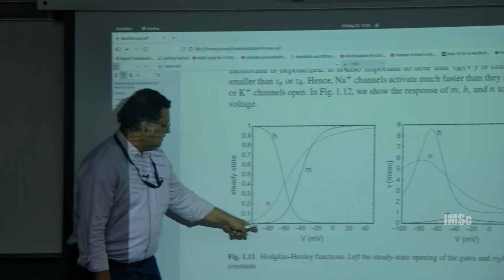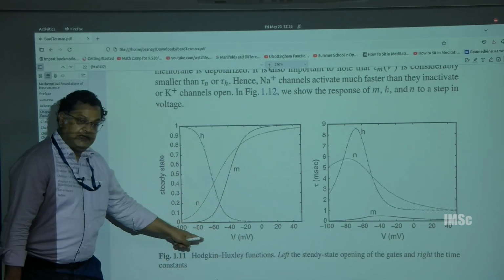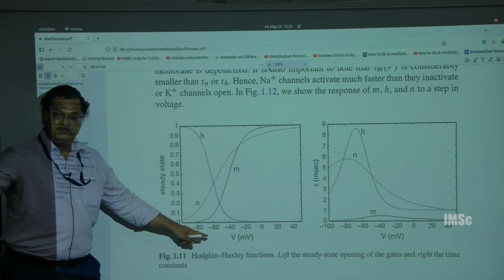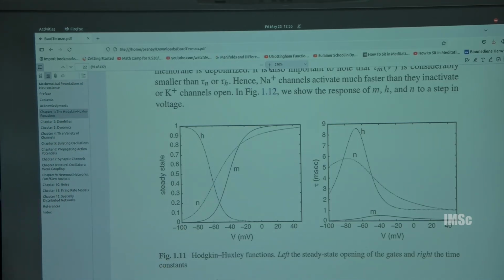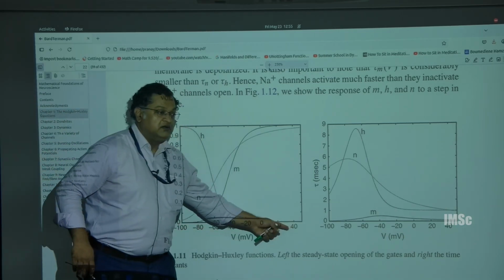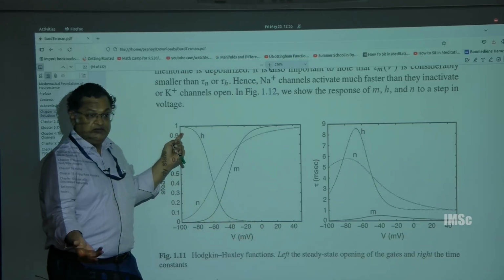Okay. So can you look at this graph and tell me what's going to happen if the voltage changes to a positive value? What happens to m infinity? If the voltage changes towards a positive value, m infinity becomes closer to 1, right?